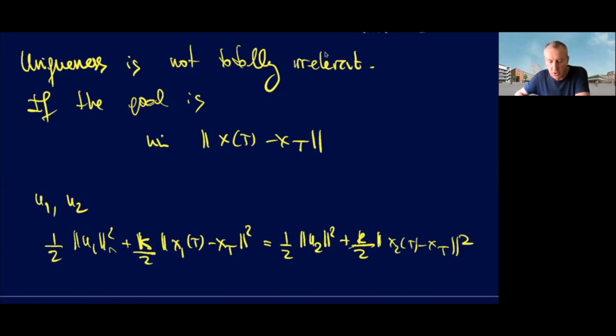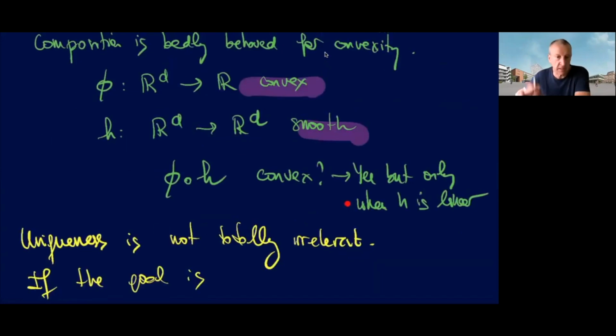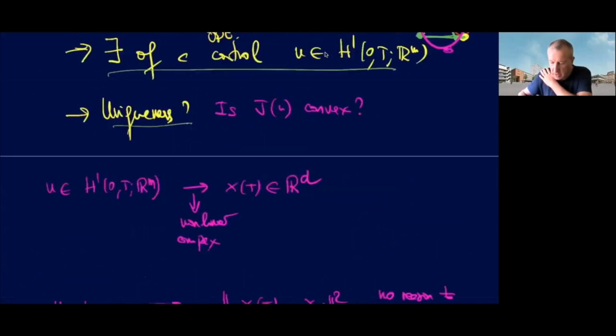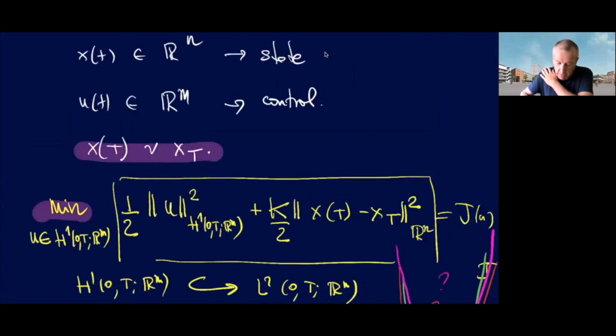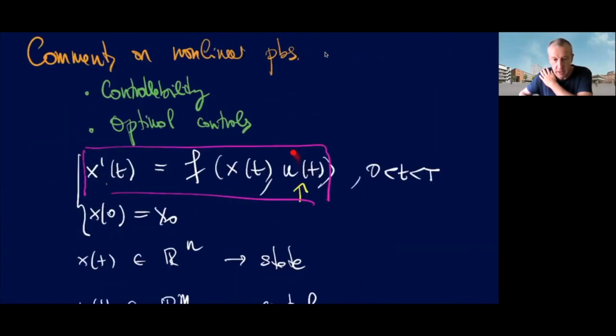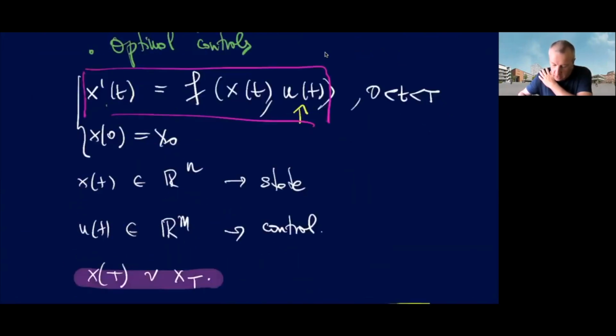So it's not totally irrelevant whether there is uniqueness or not. But it's true that we can give up uniqueness. We know it will be very hard to achieve as soon as the functional is non-convex, and this will be lost as soon as the nonlinearity in the ODE is nonlinear. So we give up.